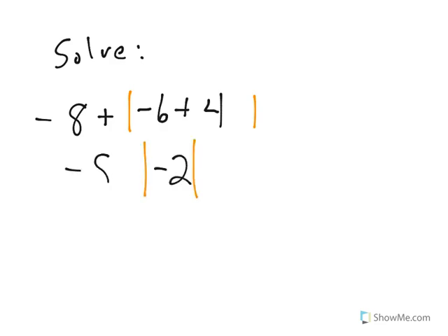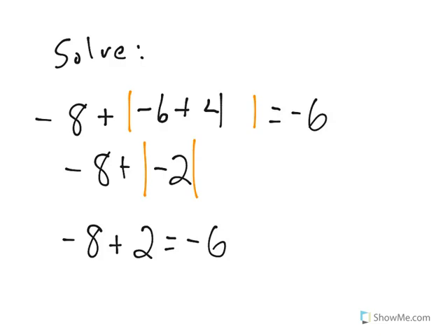We are left with negative 8 plus the absolute value of negative 2. The absolute value of negative 2 is positive 2. So we have negative 8 plus 2. The signs are different, so we subtract. 8 minus 2 is 6. And we take the sign of the higher number, which leaves us with negative 6. And that's our solution to this problem.